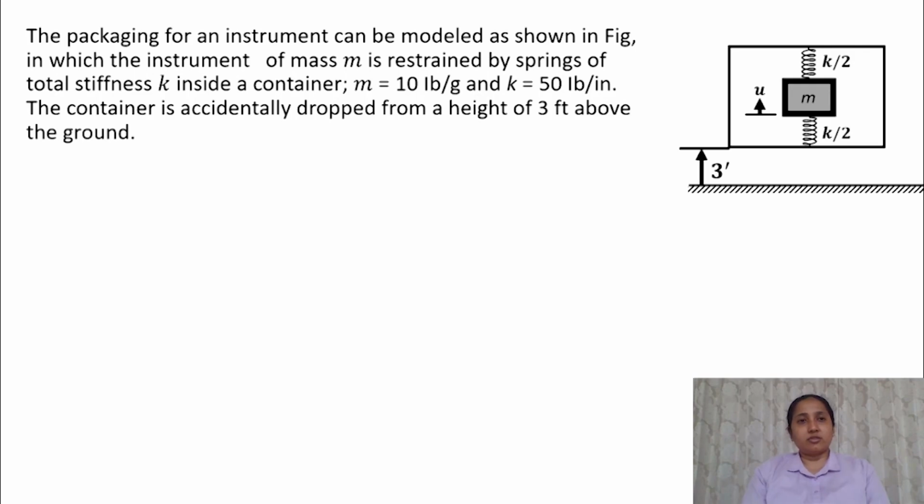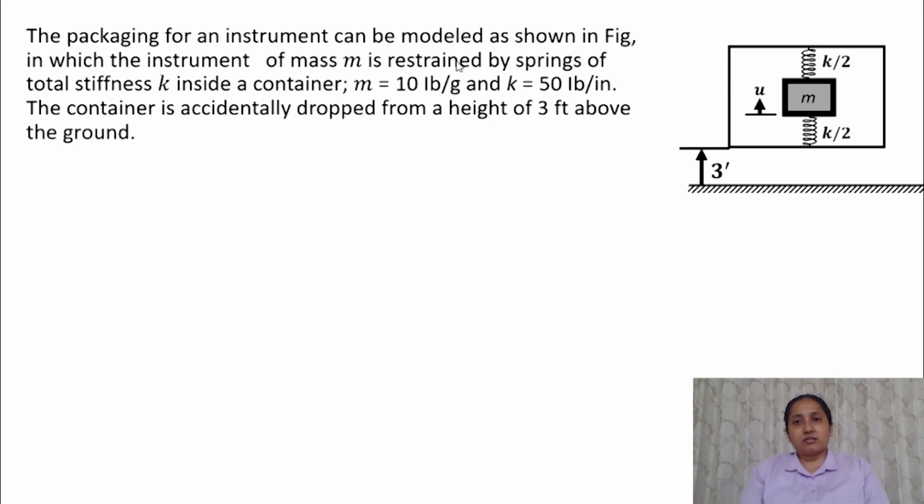In the next example, we have a packaging with an instrument inside it. This is an instrument and it is packed in a box, and this instrument with mass m is restrained by springs of total stiffness k. There is one spring of k by 2 stiffness above this instrument and another one below this instrument.